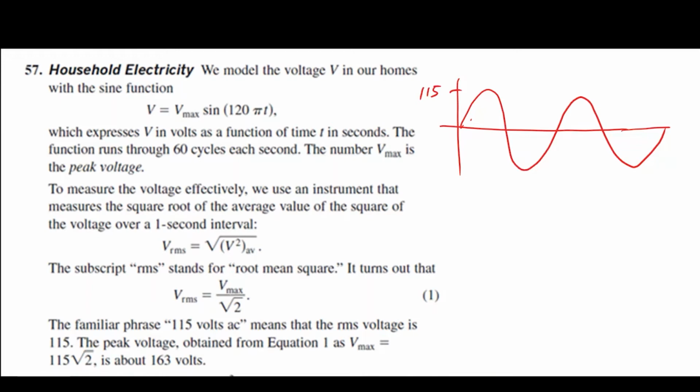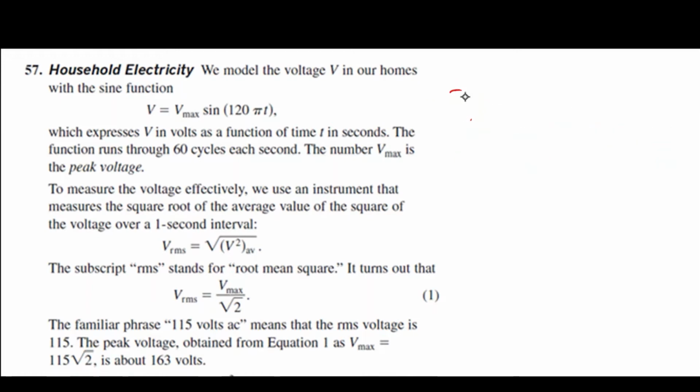Okay, we'll start. So whatever it is, this function v as a function of t is supposed to be some amplitude, which is what they are calling Vmax here, our a, and then sine, and then omega t. This used to be b in your pre-calc, but then physicists use omega.